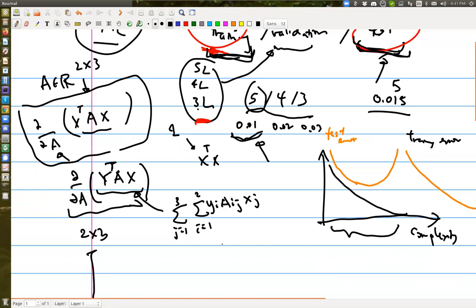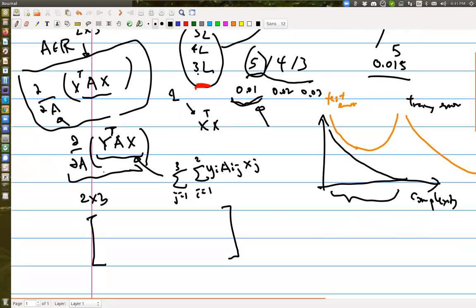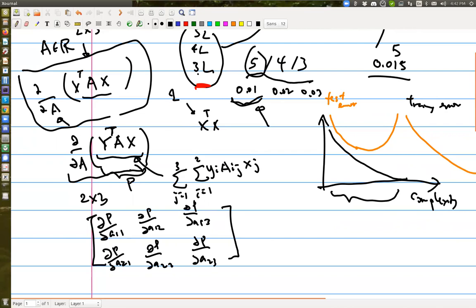Basically it's composed of a matrix, and maybe I just call this whole thing here the product P. This would be something like partial P partial A11, partial P partial A21, partial P partial A12, partial P partial A13, partial P partial A22, something like this, right?